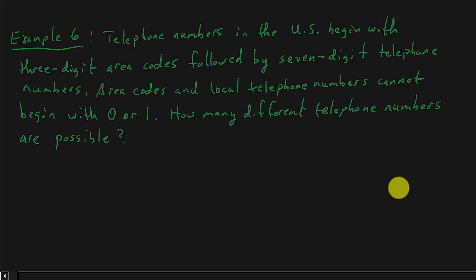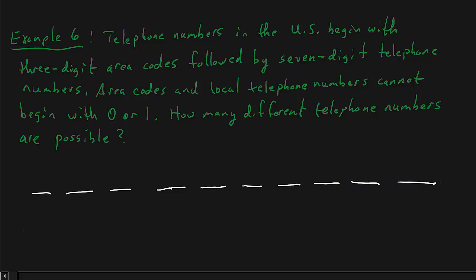All right, so for something like this, when you're dealing with area codes and zip codes, stuff like that, what I like to do is draw lines. So I've got my 3-digit area code. Let me draw those lines a little wider. So I've got 3 spaces for my area code. It's a 3-digit area code followed by a 7-digit telephone number. So 1, 2, 3, 4, 5, 6, 7.